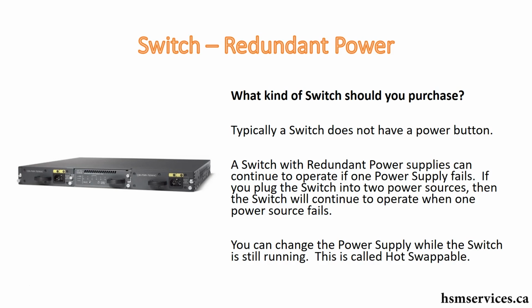And if you've got two separate power supplies and the power supply fails or a power outlet fails, you can just rip the power supply out and put a new one in, and your network continues to run without any interruption. Nobody even notices. The alternative is to have a switch with one power supply, and if it fails, then your entire network goes down, or at least a segment that's connected to that switch.